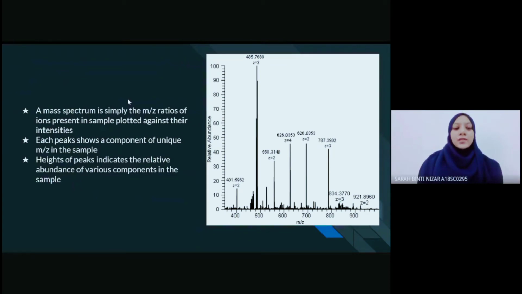A mass spectrum is simply the M over Z ratio of ions present in the sample plotted against their intensity. Each peak shows a component of unique M over Z in the sample, and the height of the peaks indicates the relative abundance of various components in the sample.